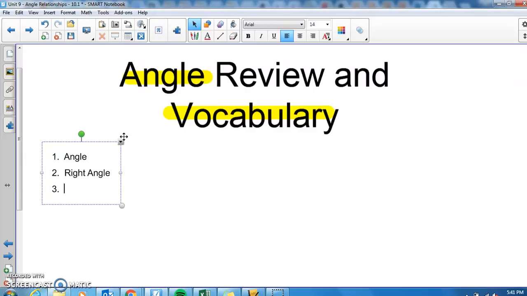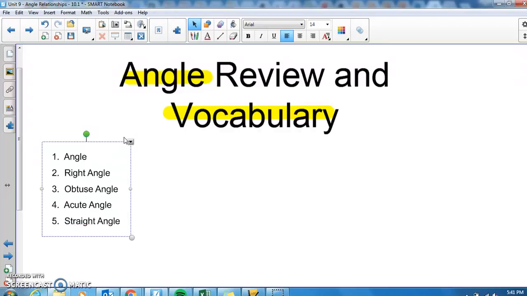Third word, obtuse angle. Fourth word, acute angle. Fifth word, straight angle. Sometimes that is just referred to as a straight.